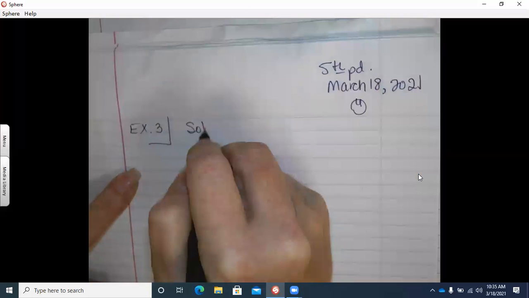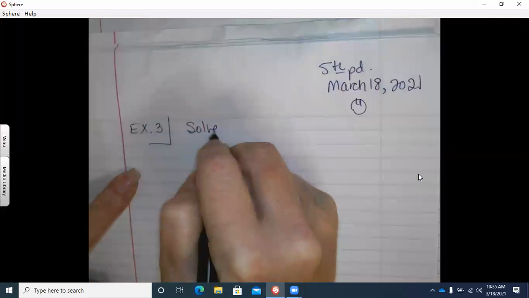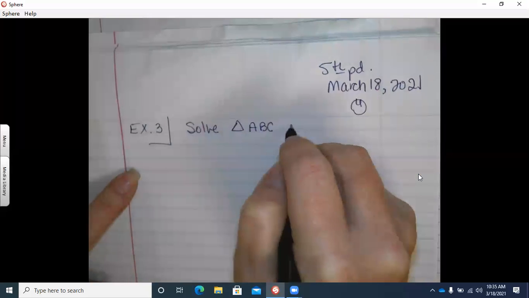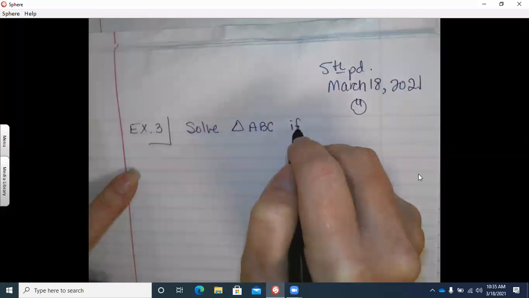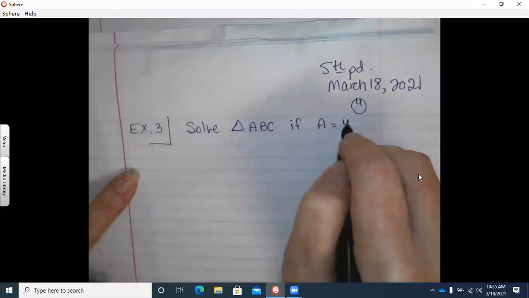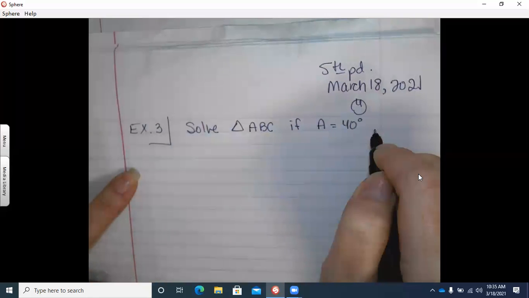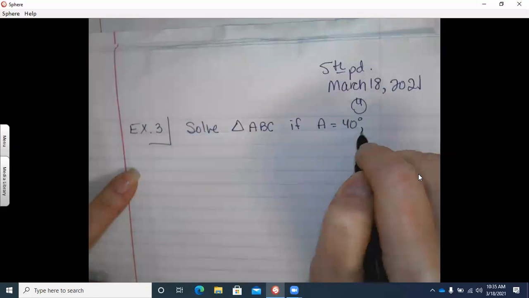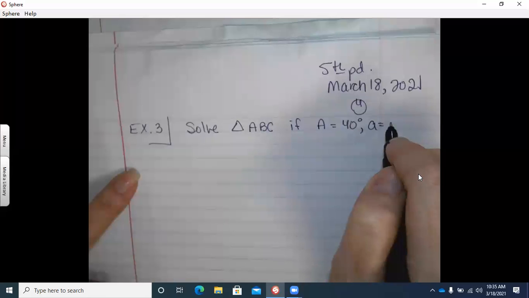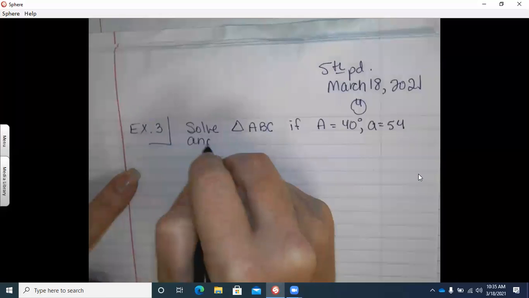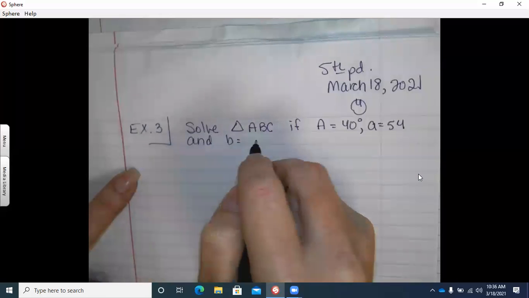We're going to solve triangle ABC if A equals 40 degrees, lowercase a, so we're talking about a side, equals 54, and b equals 62.